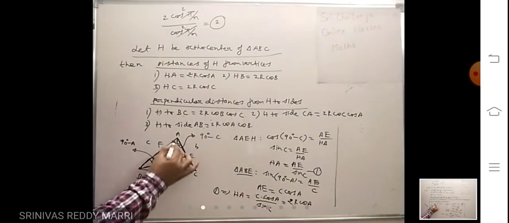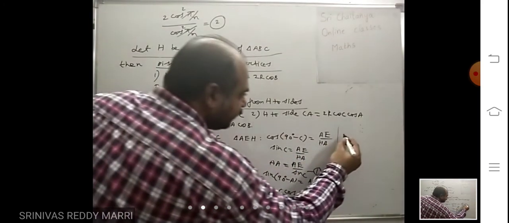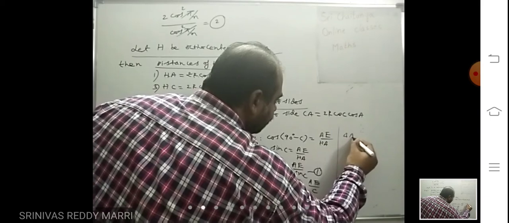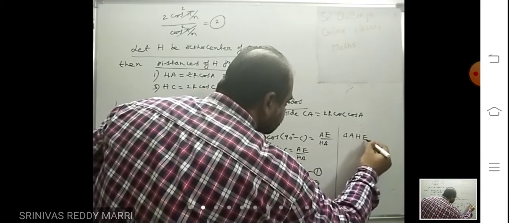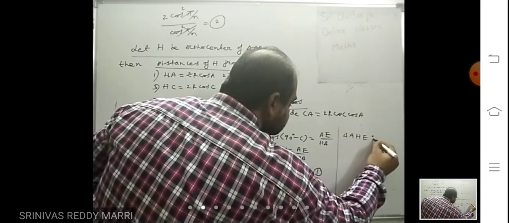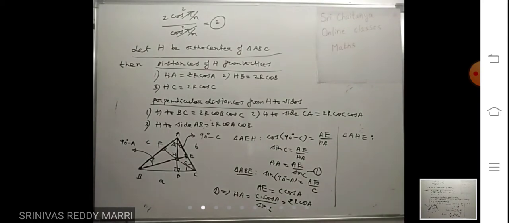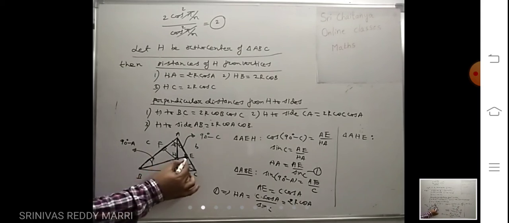Look at triangle AHE. That is a right angle triangle, and this angle is 90 minus C. I want to calculate HE, and I know HA.